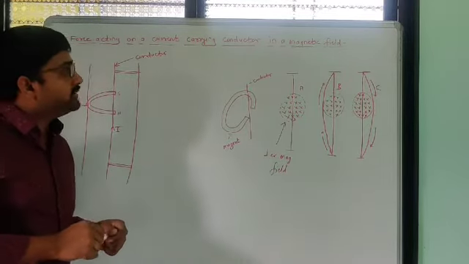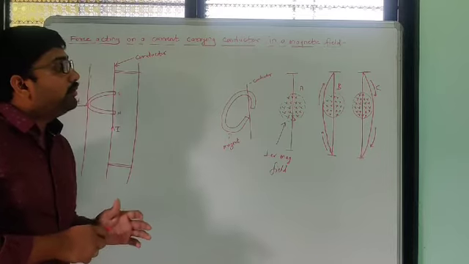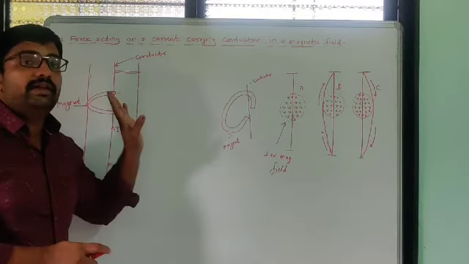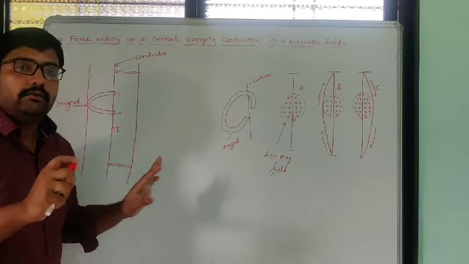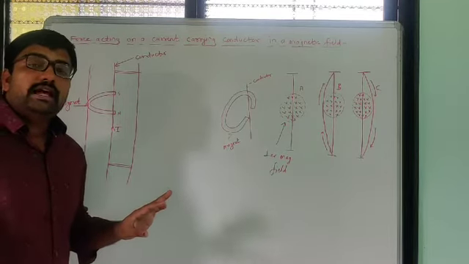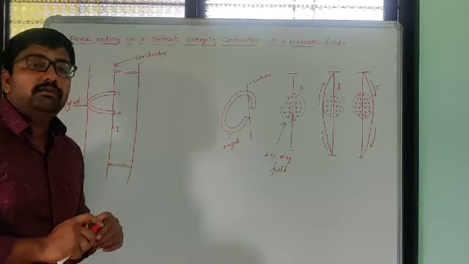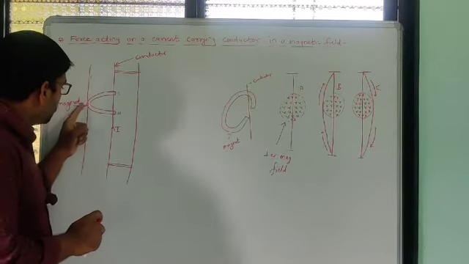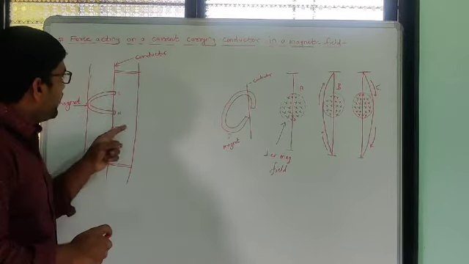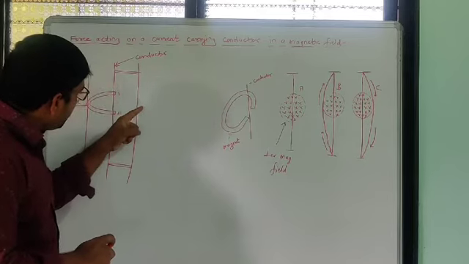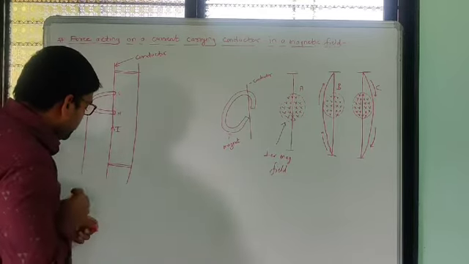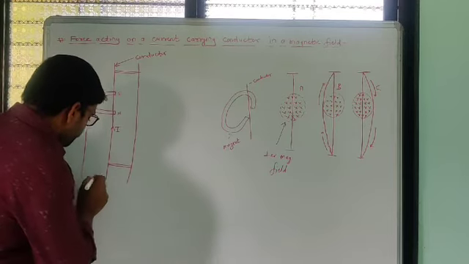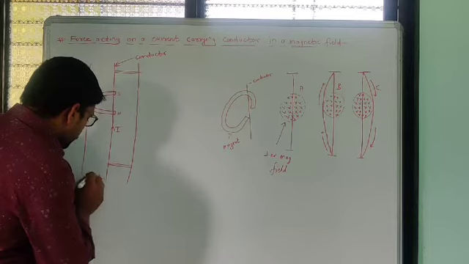Now how much that force is, and how we can find the direction of that force, we have to see here. For that you have to see the diagram in our book. On one stand a magnet is placed, and on the other stand an electric conductor is placed. This conductor is connected to a battery, so we can pass electric current through it.